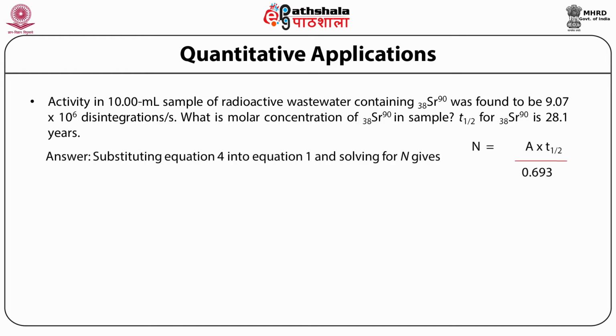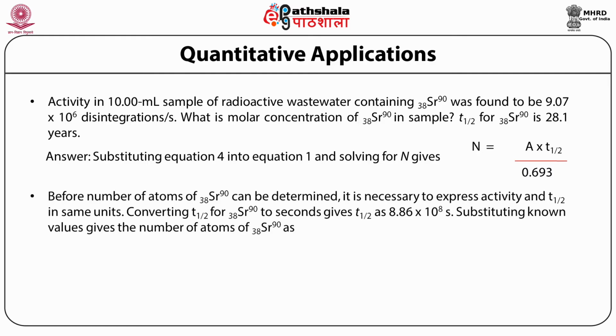So substituting equation 4 into equation 1 and solving for N gives N is equal to A × t half upon 0.693.